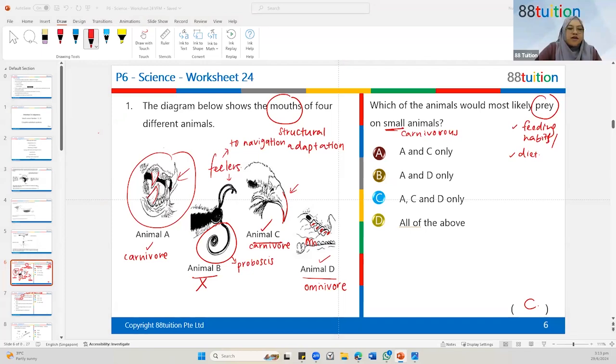They say animal A, B, C, D. If they never say what could animal C be, you don't anyhow say eagle, just say animal C. Why? Because there are so many species of these carnivorous birds; not only eagles have very curved and sharp beaks like this. So you cannot assume.